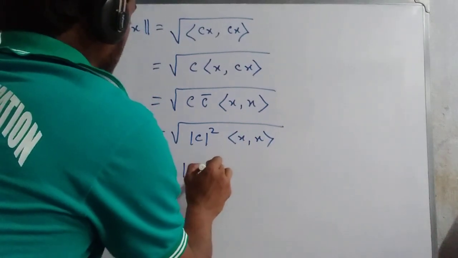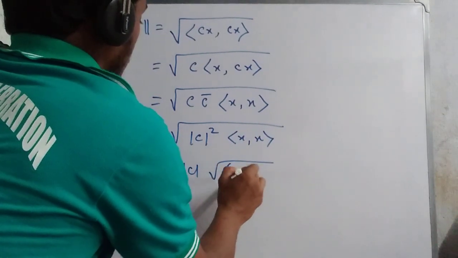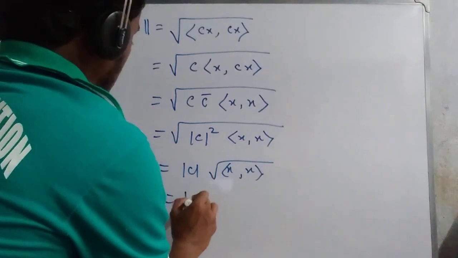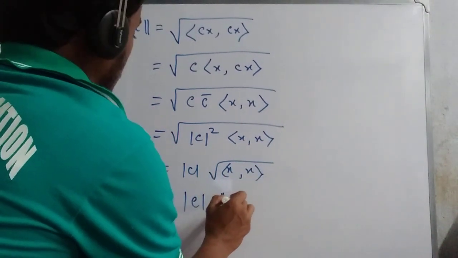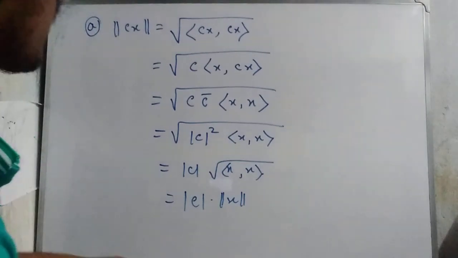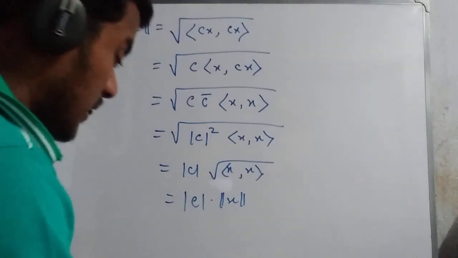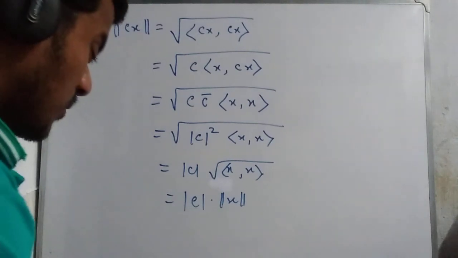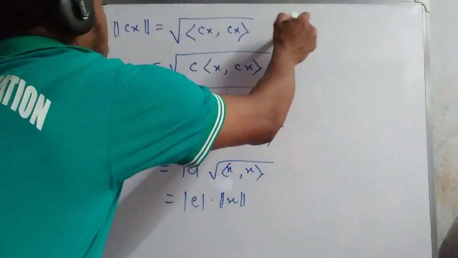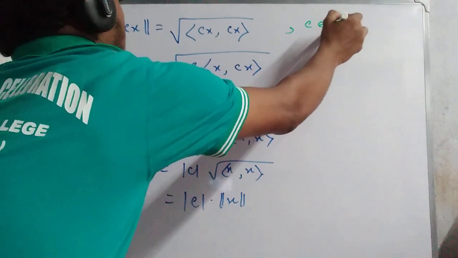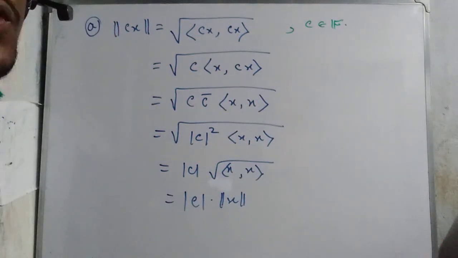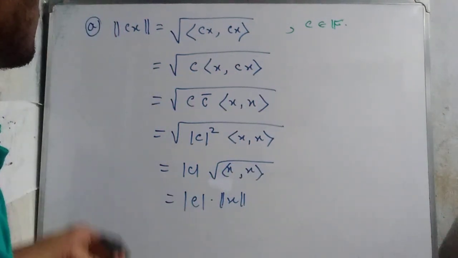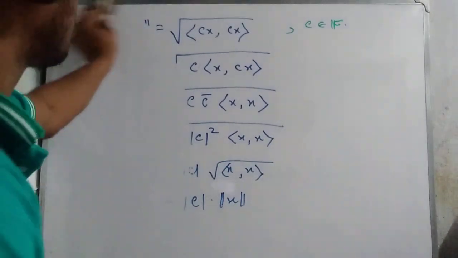Again we write mod of c times norm of x. So not a problem at all, we do it easily, for any c belongs to F. Now we erase that portion and go to further discussion.